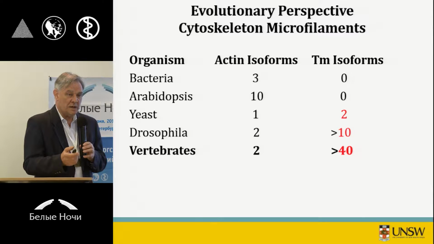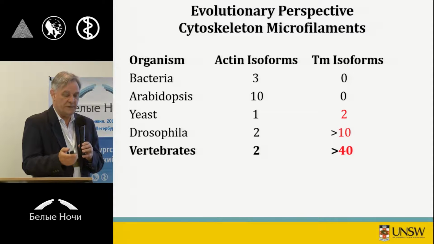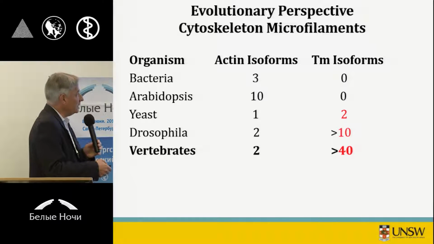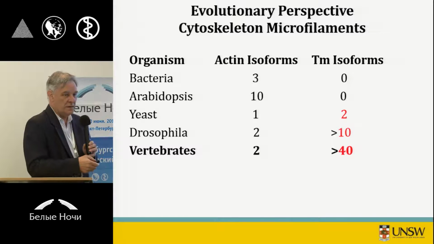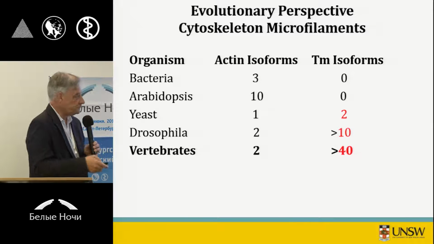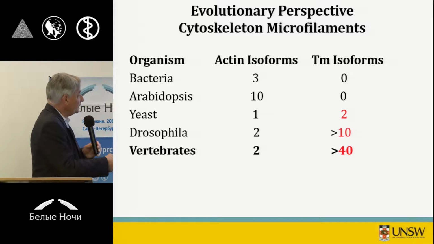If you look at the evolution of all species and the generation of actin filaments, what you notice is that bacteria have 3 different types of actin, and they do 3 very different jobs. Plants have a much larger number of actin isoforms.